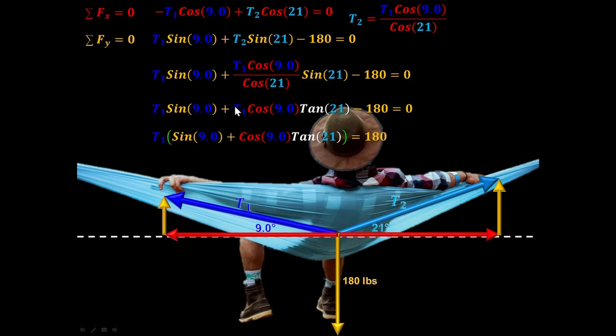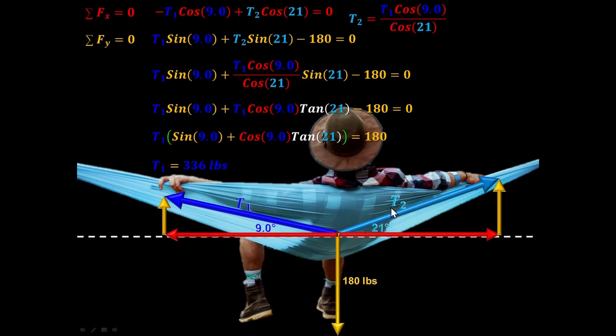And then there was a T1 here and a T1 there. I'm going to factor it out. And so I'm just left with all of that. I can solve for that if I take 180 divided by all of that stuff there, and I would get 336 pounds is how much tension is pulling that way.